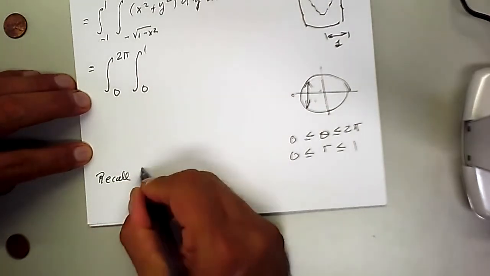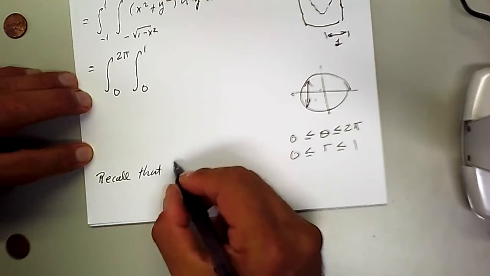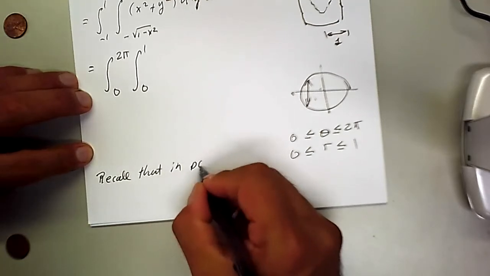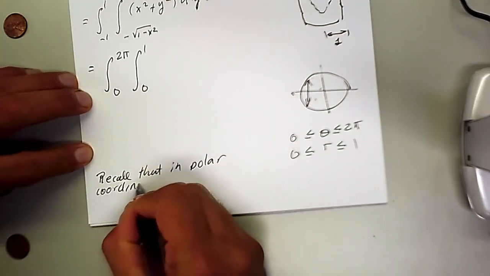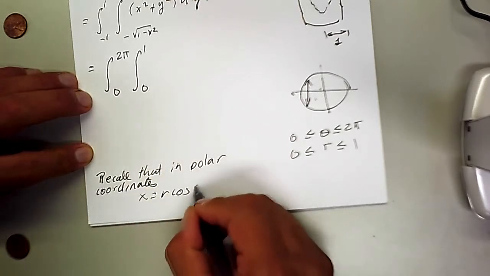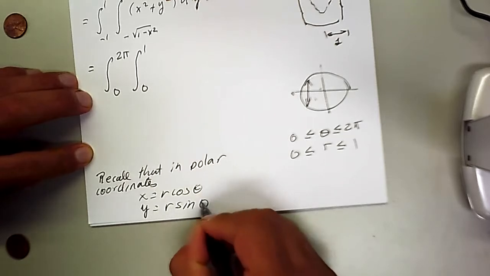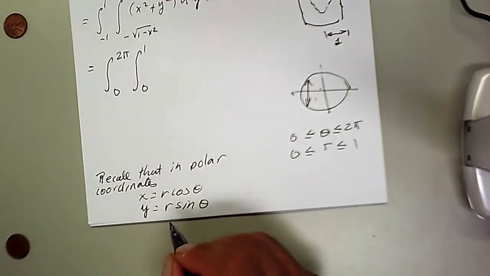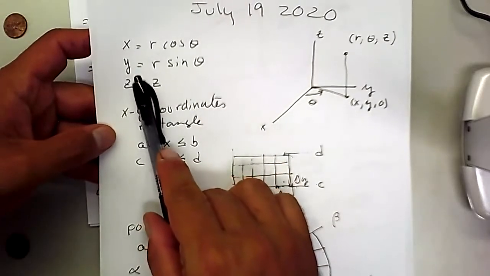Recall that in polar coordinates, x equals r cosine of theta, and y equals r sine of theta. I did mention that earlier in the video.